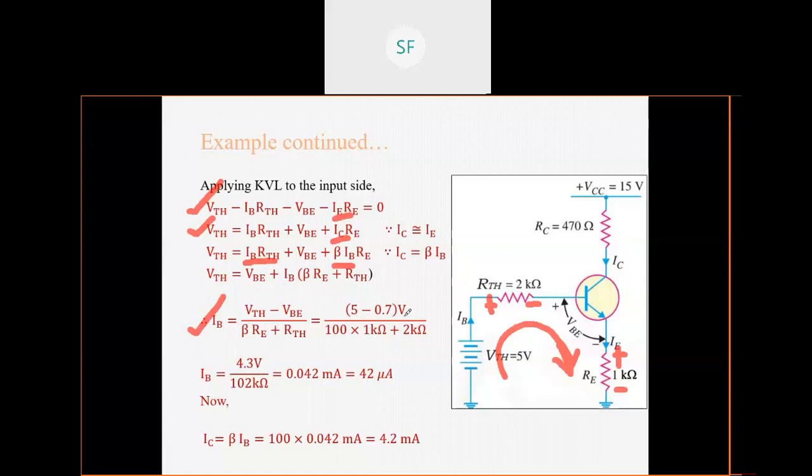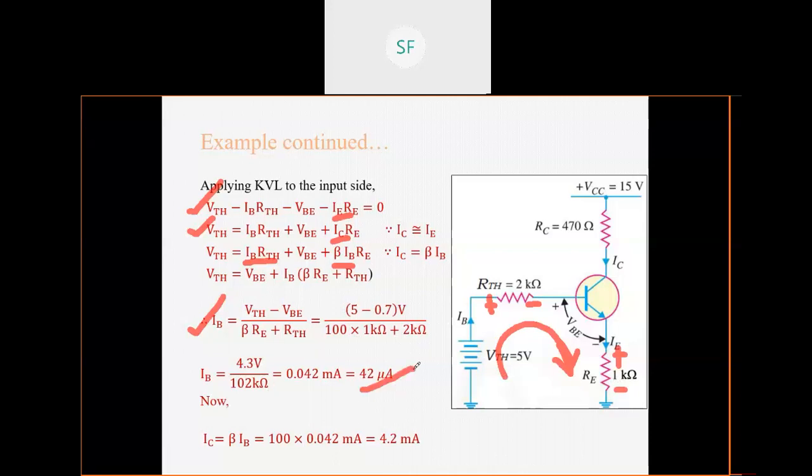So you just have to put the values here. We have found VTH equal to 5 volts. So 5 minus 0.7 is VB, divided by beta, whose value is given as 100, RE is given as 1 kilo ohm, plus RTH, which we have calculated as 2 kilo ohm. You can do the simple calculation and find this value.